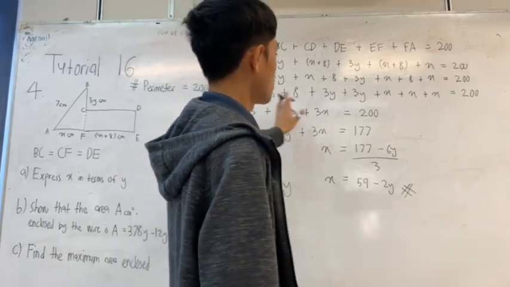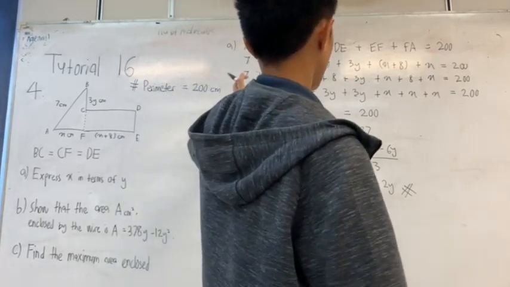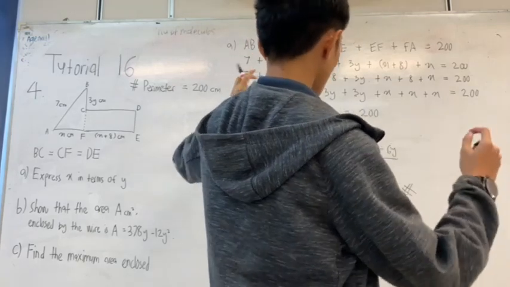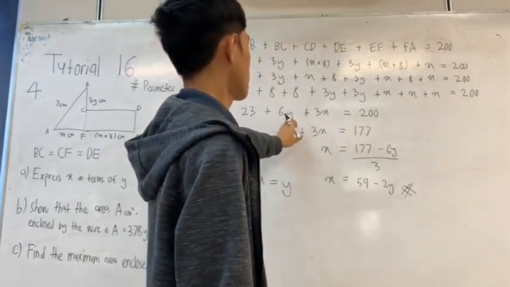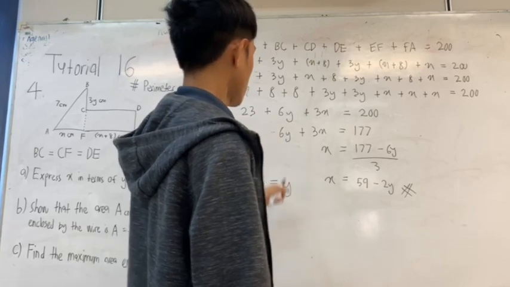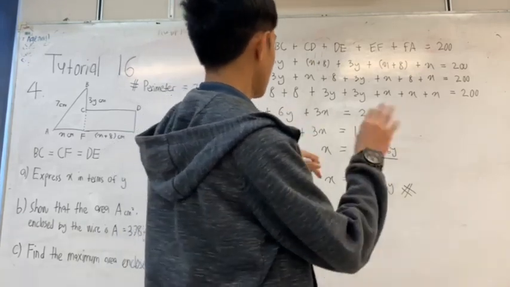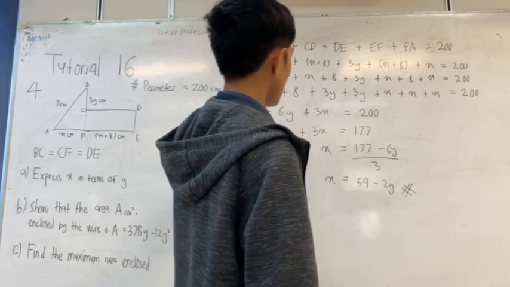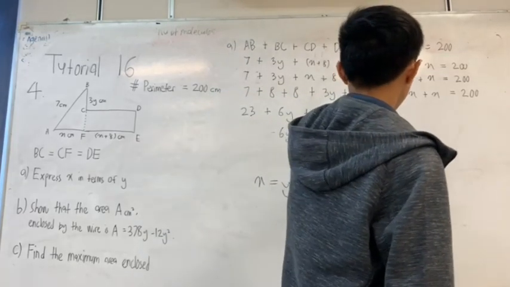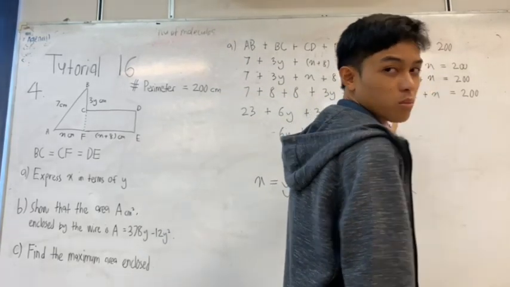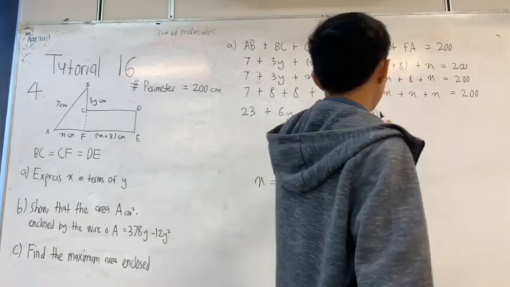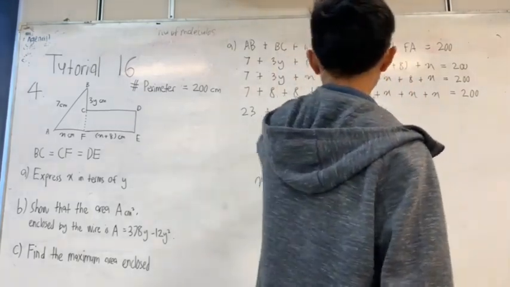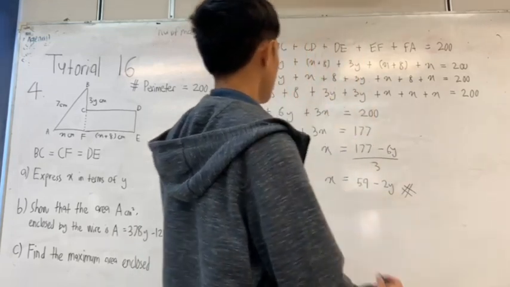So after you sum all the values, you will get this. This is the simplified version. So in order to get this, you need to rearrange the terms like this. So here we have 23. We can subtract 200 with 23, and we get 177.